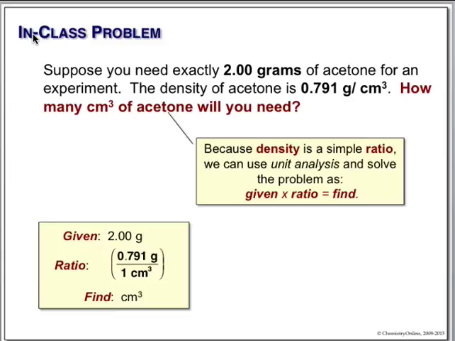Go ahead and set it up. We always start off with our given.